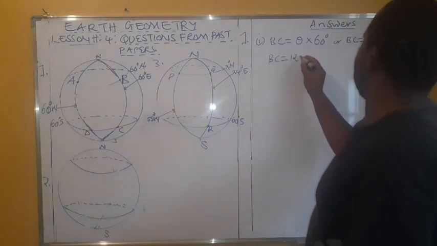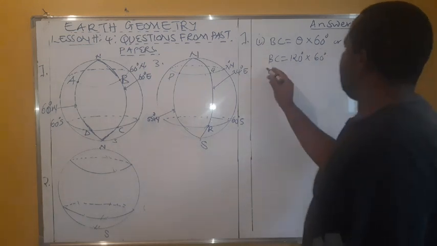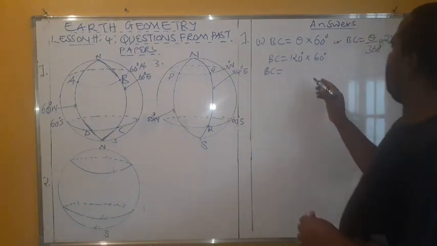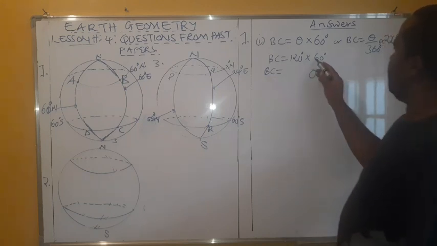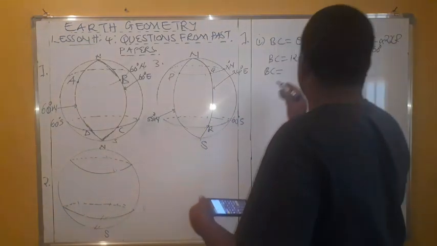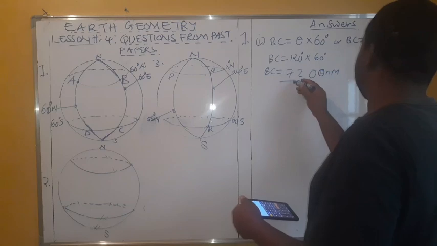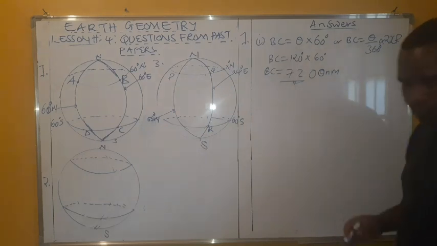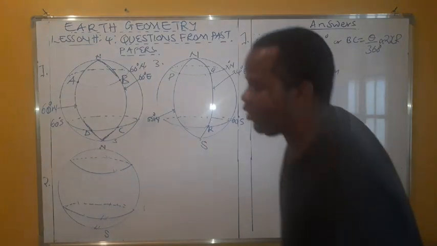So BC is equal to 120 over 360 times 2 pi r, which gives 7,200 nautical miles. If you apply the other formula, you will still get this, especially after rounding off. That's the distance between B and C in nautical miles.